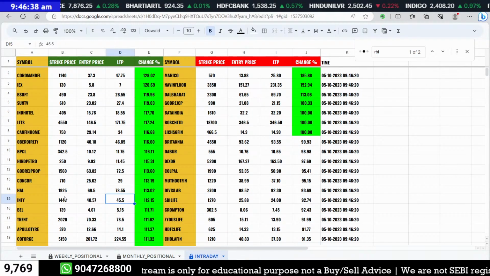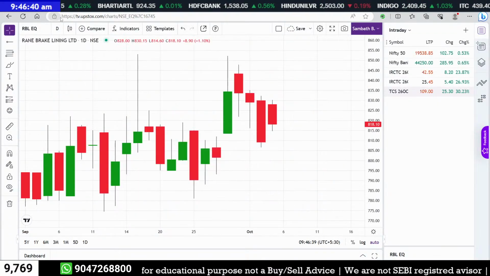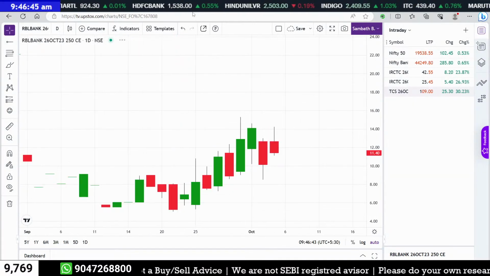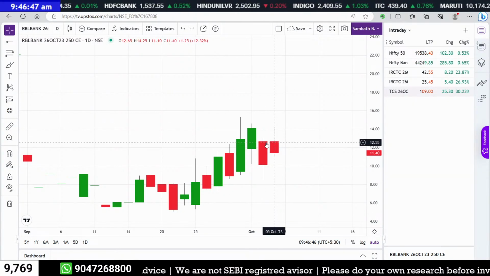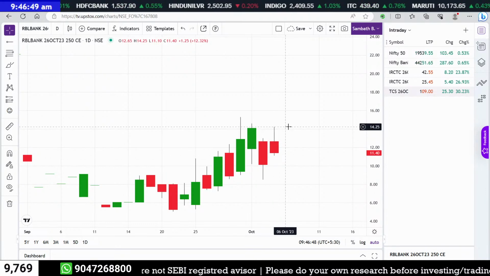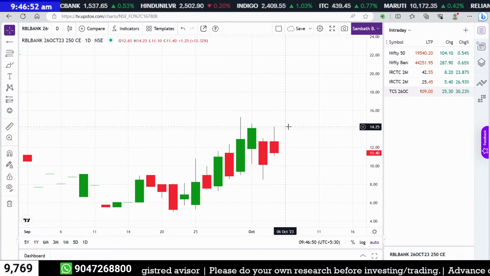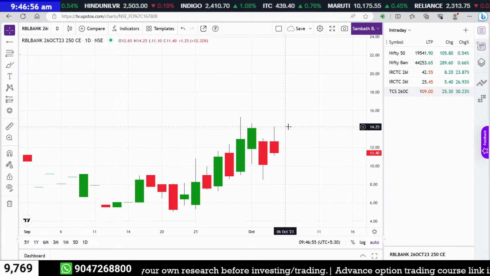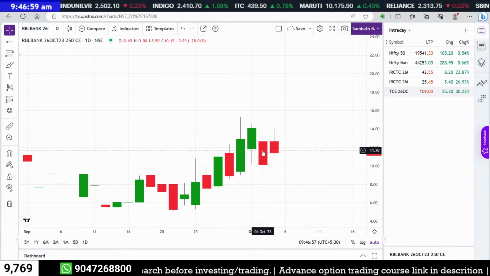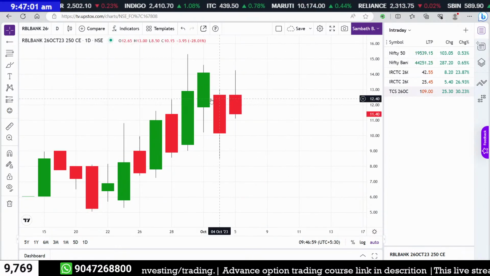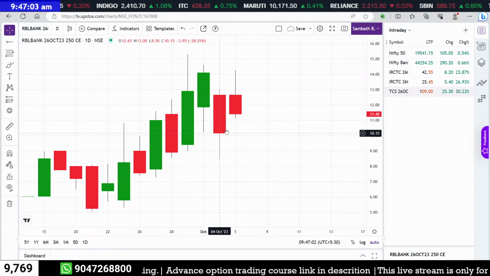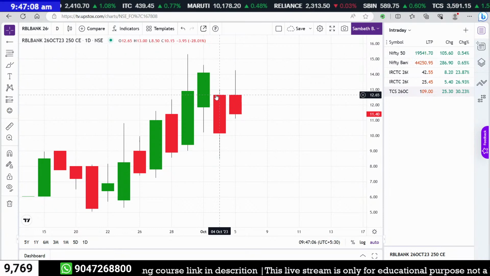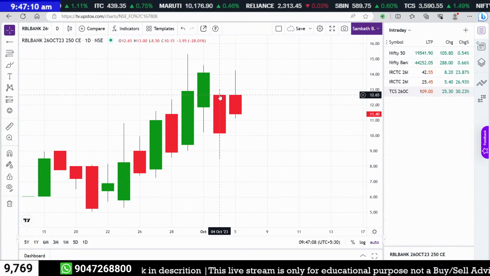And in intraday, today we saw the pre-trigger 250 call option, right? RBL 250 call option. It started with a gap up around 12 rupees. Now it is 11.4 and went up to 14. It's a quick scalp only which we are talking about, while taking an entry before 9:30. It's not a good one, because after a gap down, that is a down day, it started on the high or open of the previous candle.